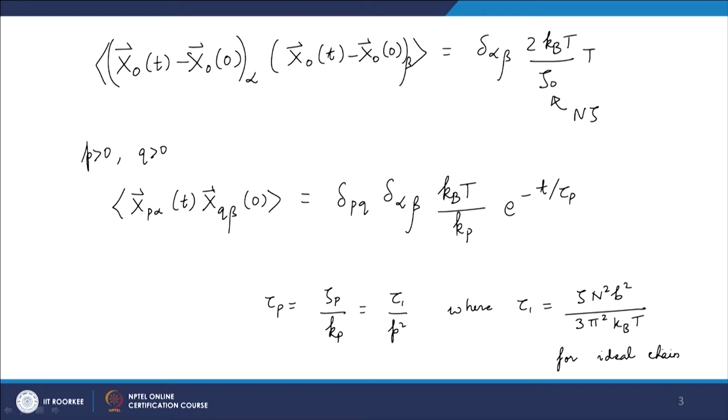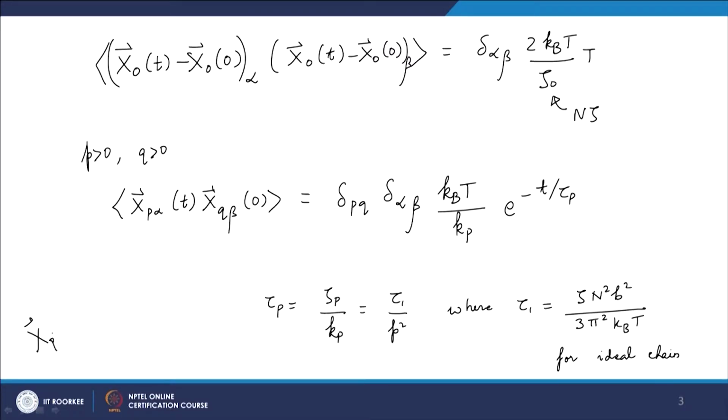That is to say, if I look at the displacement correlation functions in terms of these solutions xp that I would soon call Rouse modes, so I will refer to them as Rouse modes, these correlations decay exponentially with the time scale tau p, and that time scale decreases as I increase the value of p.